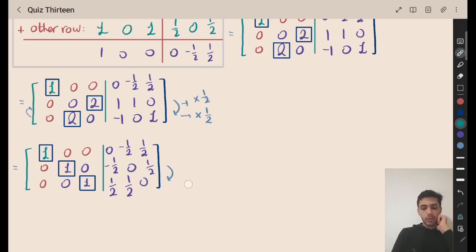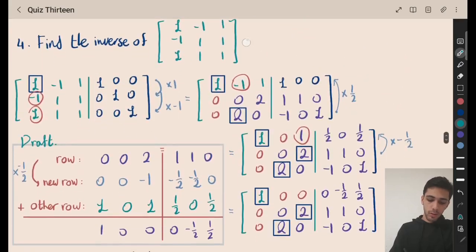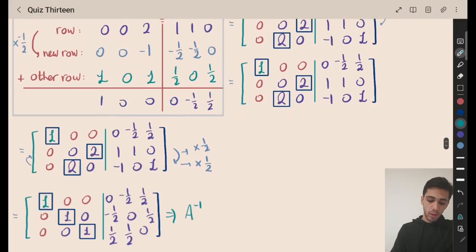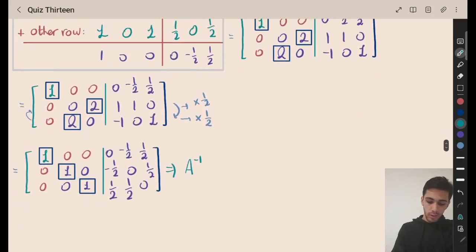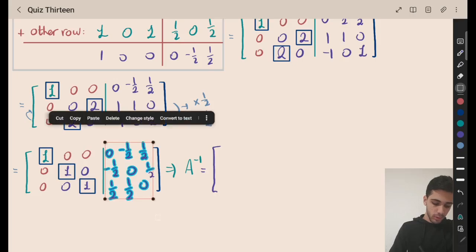And now that we have the equivalent of the identity matrix on the left, then with great confidence we can say that if this is the matrix A, then our matrix A inverse is going to be precisely given by the values which are right here.